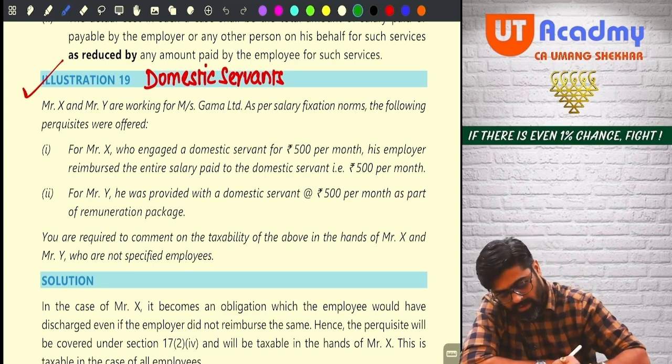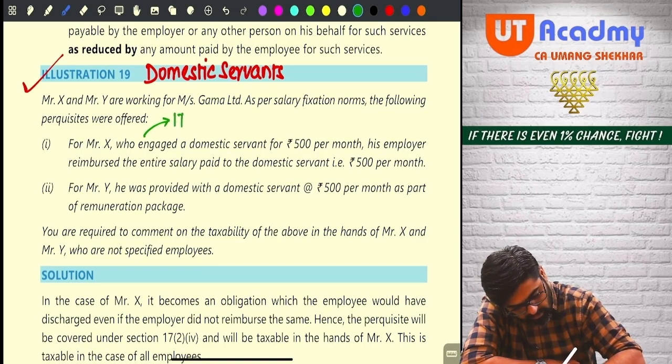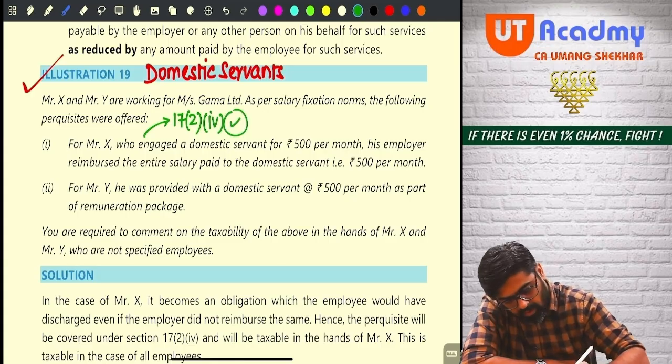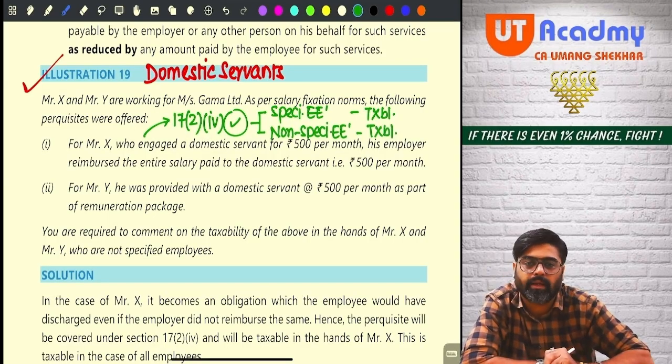So what I will do here, I will write down here: the perquisite is 17 subsection 2 clause 4, and even if X is a specified employee or a non-specified employee, in both the cases the perquisite will be taxable.